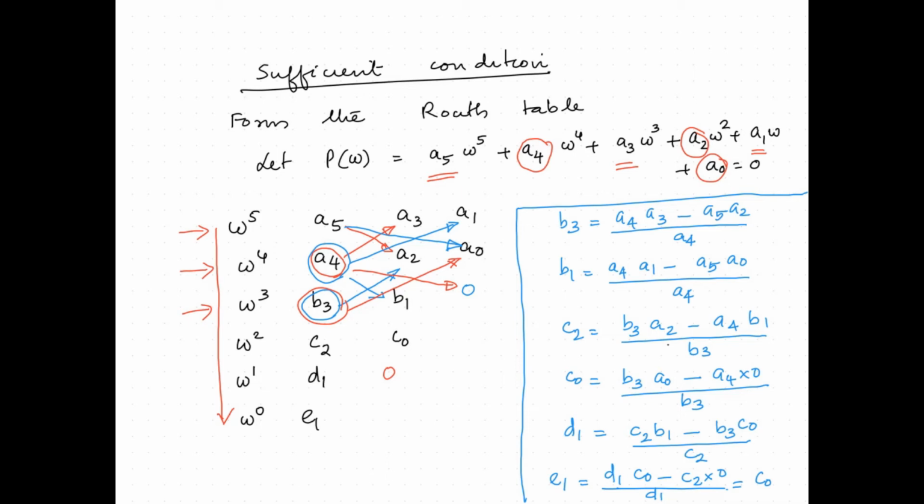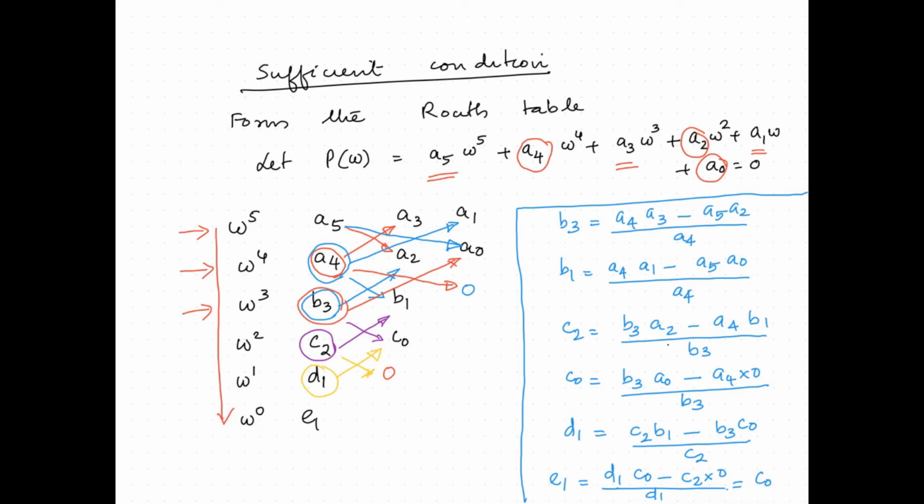And similarly D1 will be equal to (C2 into B1 minus B3 into C0) by C2, and E1 will be (D1 into C0 minus C2 into 0) by D1.